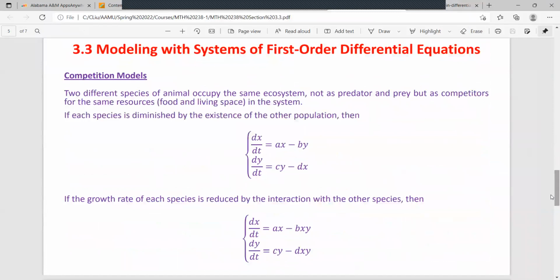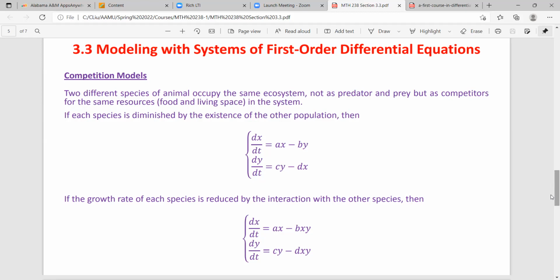So the population model we just discussed is called the predator-prey model, where the rabbits are the food of foxes. But in some other cases, the two species may not be in a predator-prey situation. Instead, they just compete for the food.